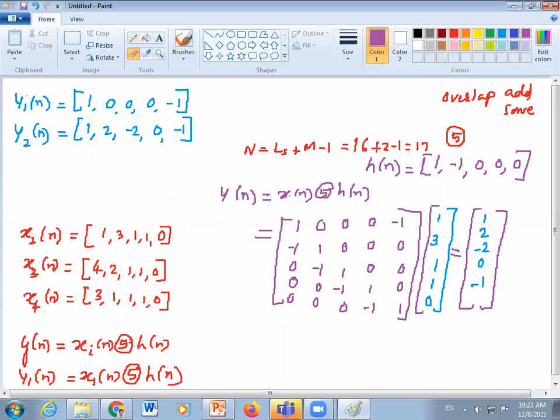If only one or two students are solving and others are sitting idle, it doesn't look good. Just calculate y3 of n. If anybody has any questions or any doubt in your mind, you can ask me.